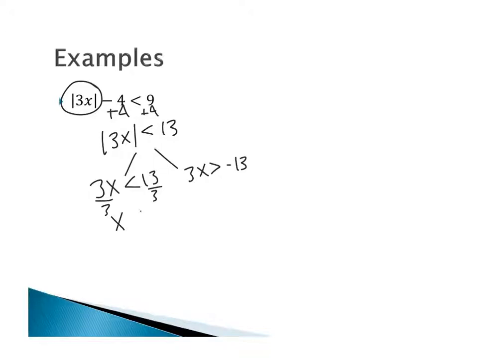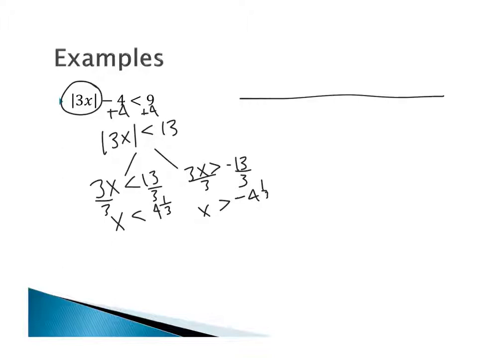So 3 goes into 13 4 times, left with 1/3. Divide by 3, x is less than 4 1/3 and x is greater than negative 4 1/3.